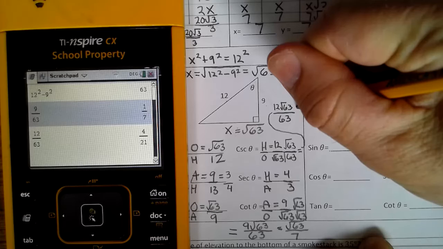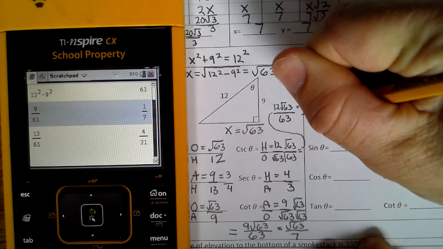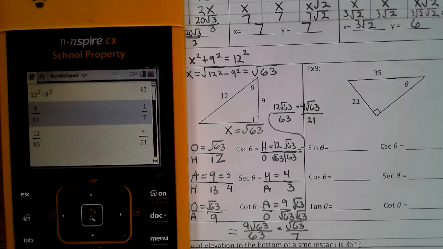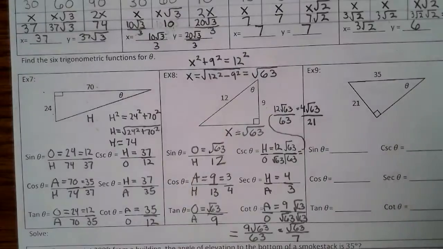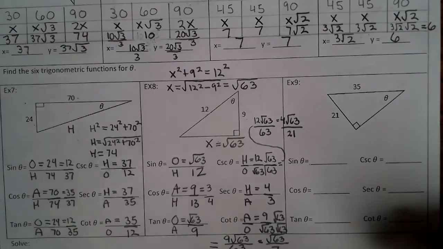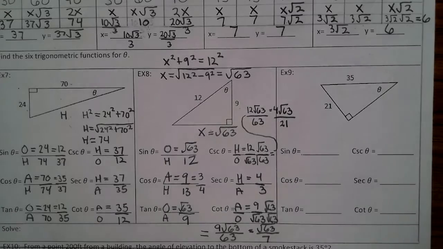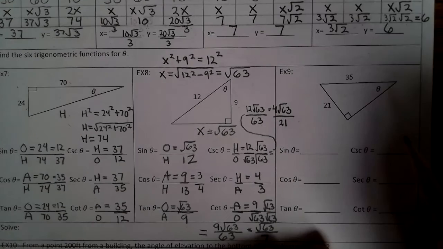All right. Now, last example, example 9. So sine is opposite over hypotenuse, which would be 21 divided by 35.